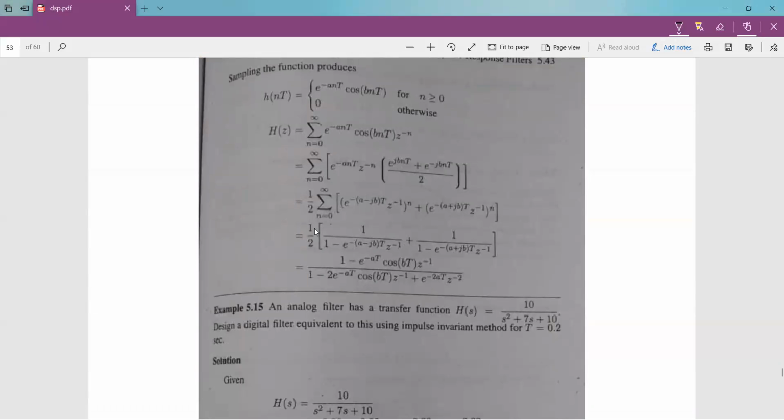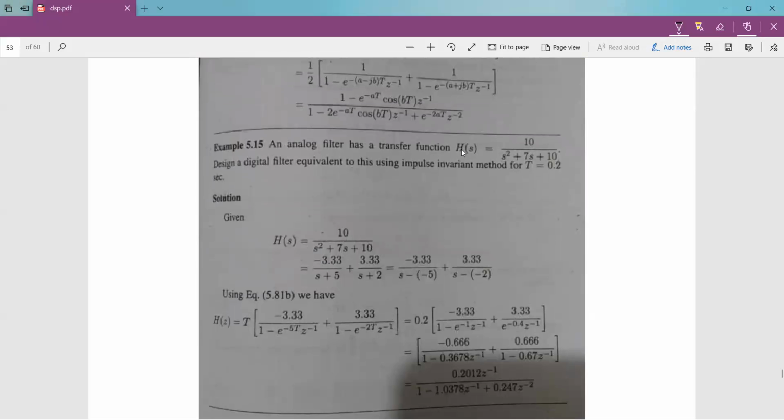So it's totally up to you which approach you opt for, and the approach you opt for must have minimum calculation involved. Whichever way you find easier, you choose that particular method.